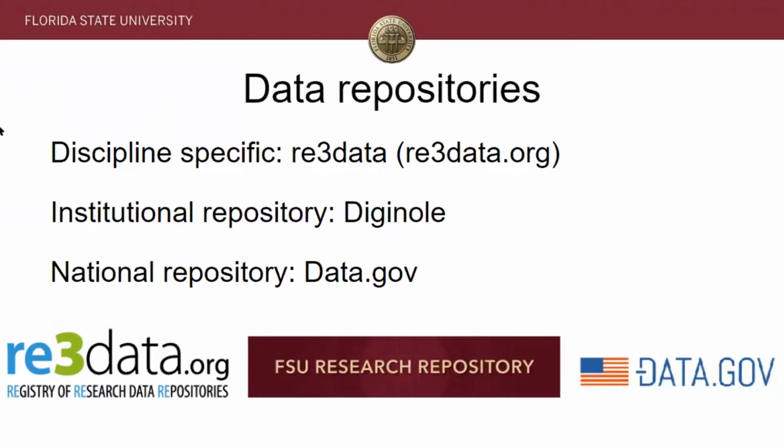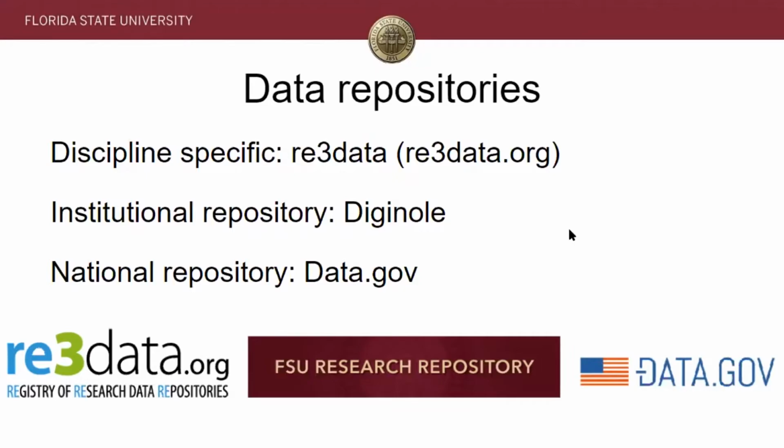A listing of all of those can be found on re3data.org, and I'm going to give a brief demonstration of that in just a second. There are also institutional repositories, often associated with universities. Our institutional repository here is Diginal.